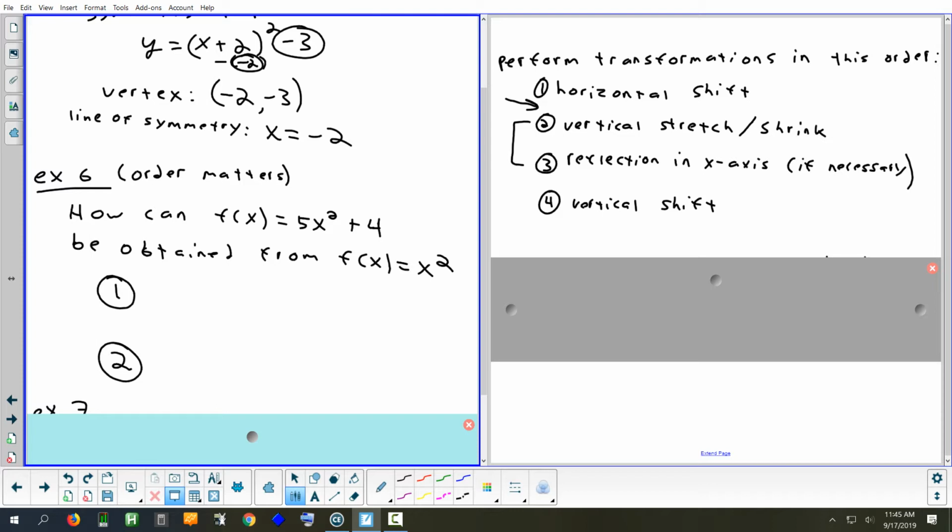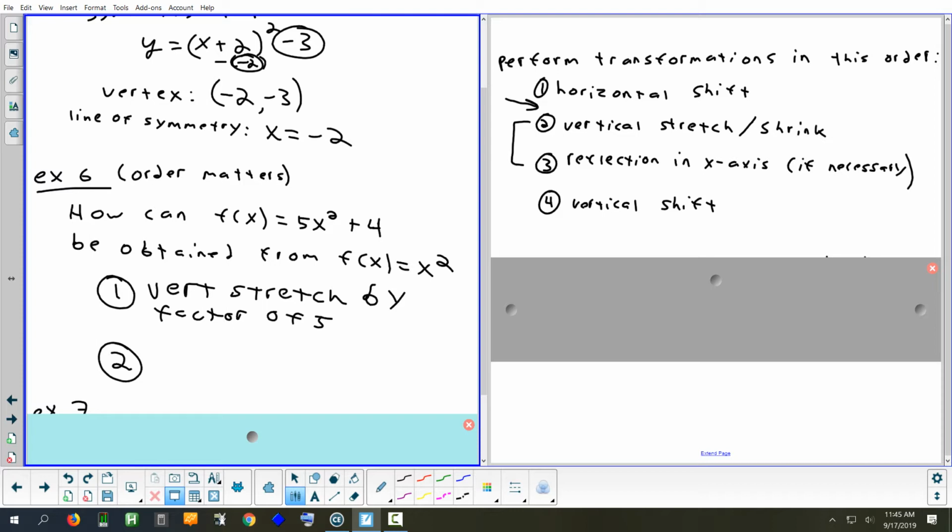Do we have a vertical stretch or compression? Yes. Which one? Vertical stretch. By how much? By 5. Perfect. So vertical stretch by factor of 5. Okay, next thing, do I have a reflection? No. What would be there if I had a reflection? Negative.